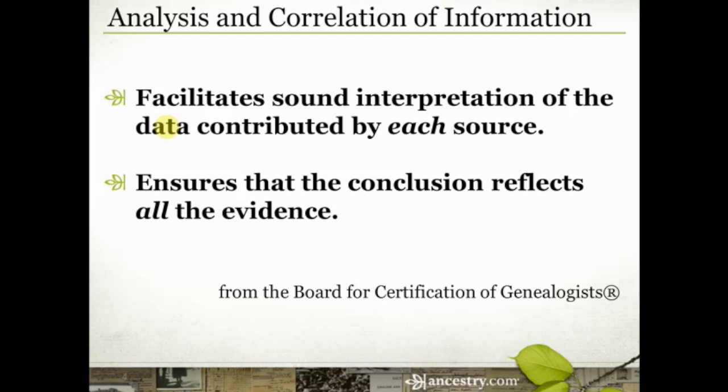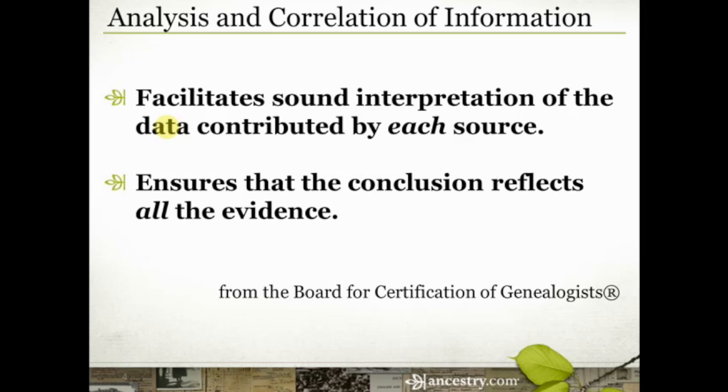All of those are sources. And we have to be able to analyze that source and interpret it correctly, meaning we need to know how accurate the information is. We need to be able to make sure we're getting all of the information on that particular record.